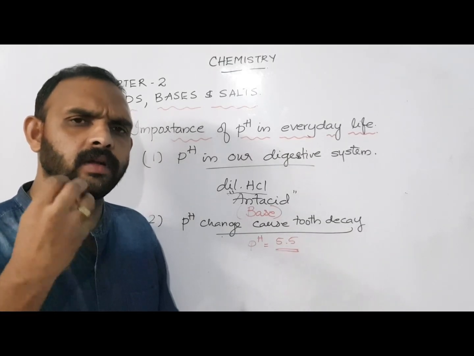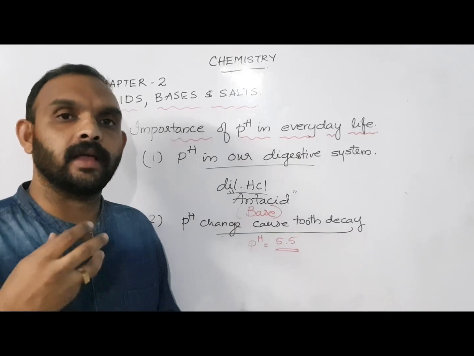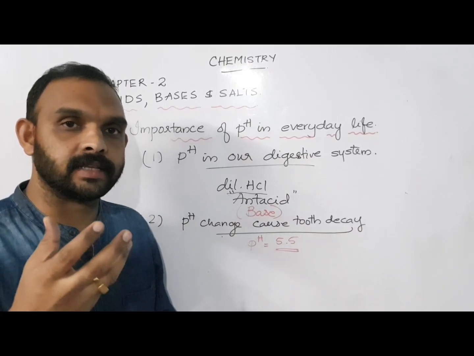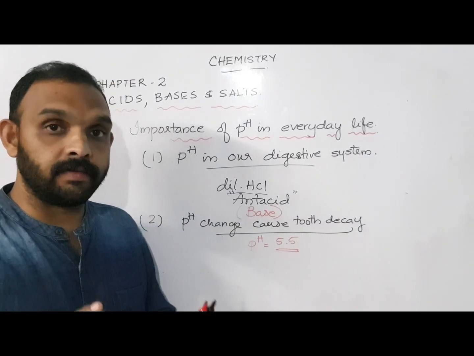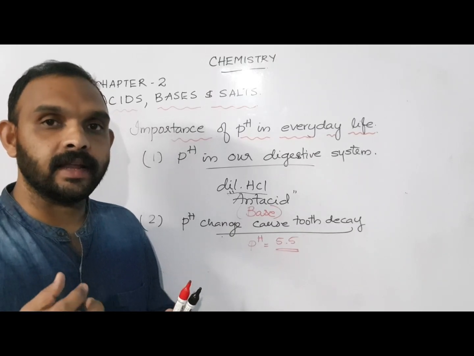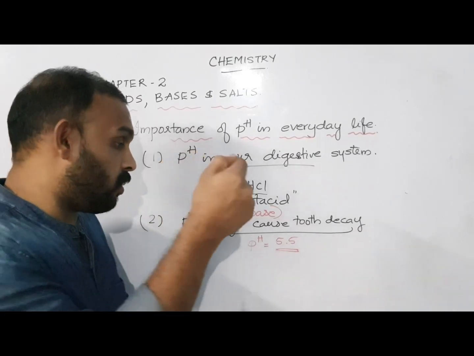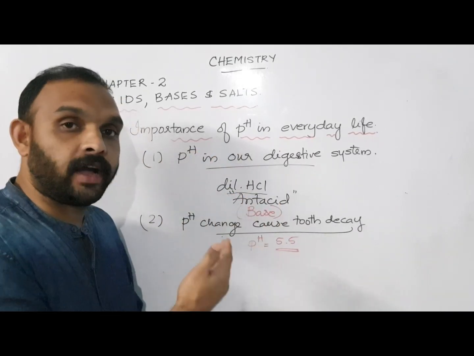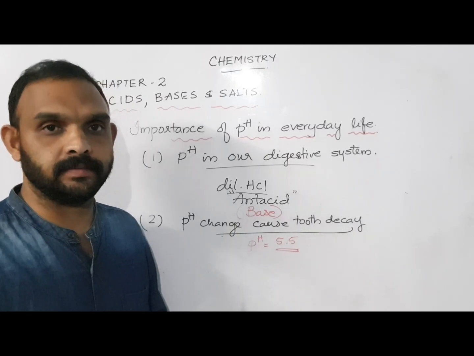Even though our tooth is made up of enamel, known as calcium phosphate, which is the hardest material of our body, it will start to corrode and we feel discomfort and pain. And if it goes lower than 5.5 and reaches other cases, then we will have severe pain.